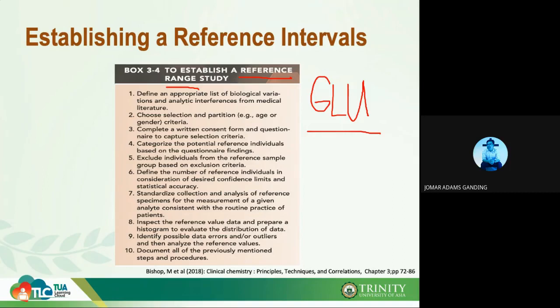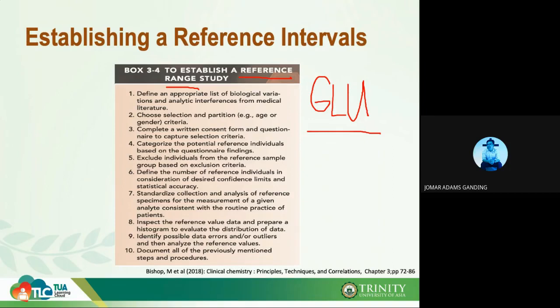What do we mean by that? I hope you're writing this down. In number one, what you need to do is to list down all the variations. What do we mean by biological variations and analytical interferences? Let's talk about biological variations first.